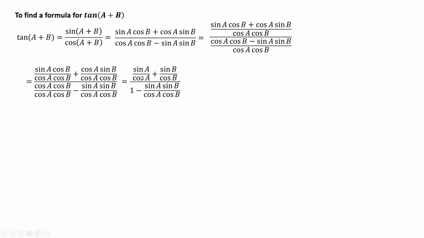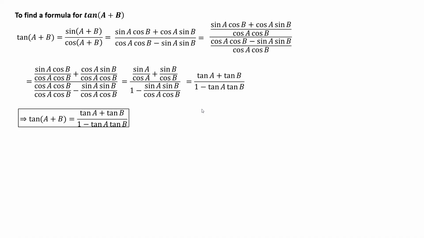Tangent A plus tangent B over 1 minus tangent A tangent B. So with a drum roll, let's announce: tangent of A plus B equals tangent A plus tangent B over 1 minus tangent A tangent B. Would you agree that that's a lot more elegant than this?